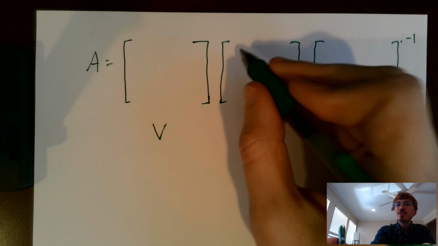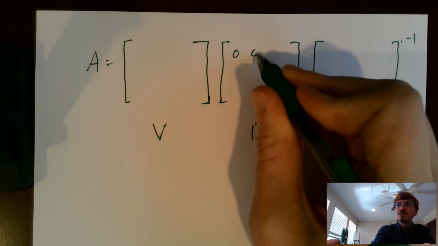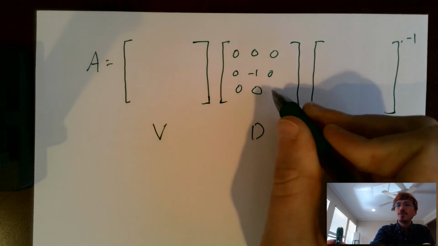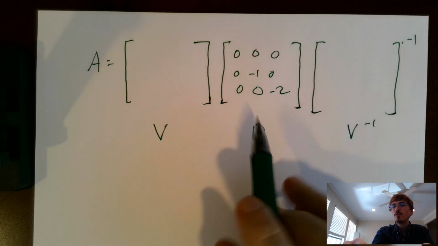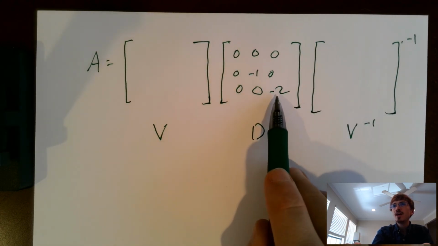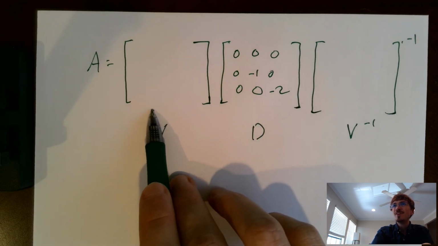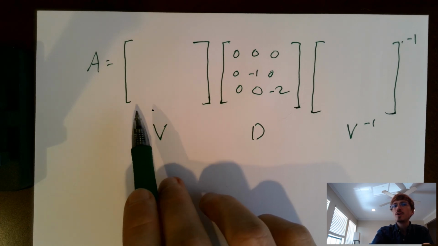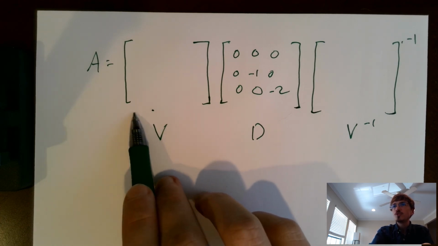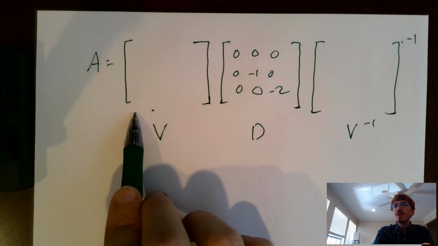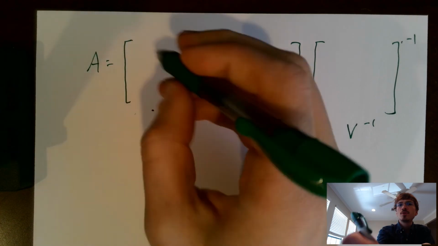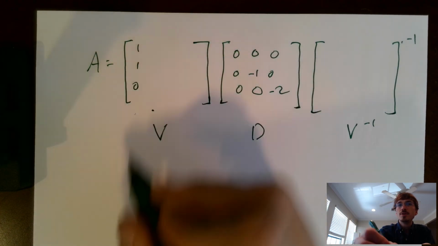So what was our matrix D? Matrix D was 0, 0, 0, 0, negative 1, 0, 0, 0, negative 2. And remember, once we fix the order of the eigenvalues on the diagonal, the order of the eigenvectors, the bases of each corresponding eigenspace, are fixed. So what goes in the first column is the basis for the eigenspace corresponding to lambda equals 0, which was 1, 1, 0.